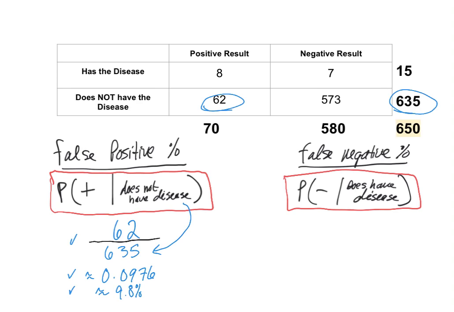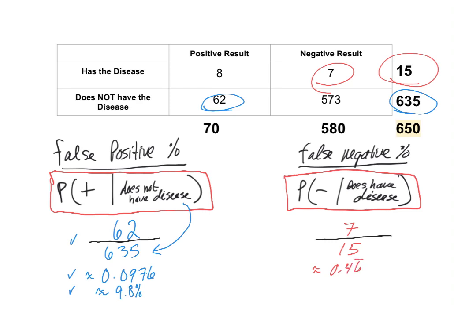Next, we want to calculate the false negative rate. So people coming in with a disease, unfortunately, some of them will be incorrectly identified by the test with a negative test result. So let's think about, how many people coming into this facility have the disease? It looks like there are 15. And out of those 15 individuals, unfortunately, 7 of them are going to have an incorrect test result that doesn't align with their status. So 7 out of 15, if we were to calculate that as a decimal, we get 0.46 repeating.